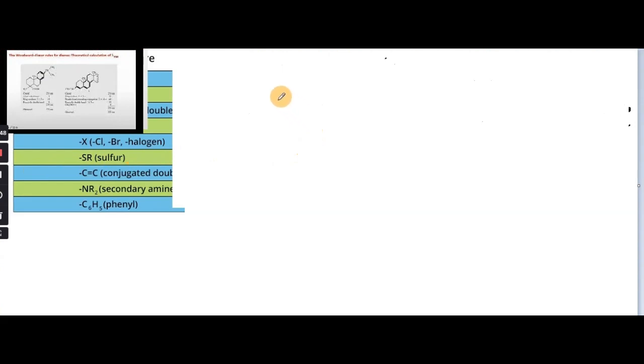The next term is what we call an exocyclic double bond. As the name implies, what is an exocyclic double bond? An exocyclic double bond is a double bond which is attached to a ring system. So when I have, let's say, this compound, and I have a double bond here attached to this ring system, I call this double bond an exocyclic double bond.